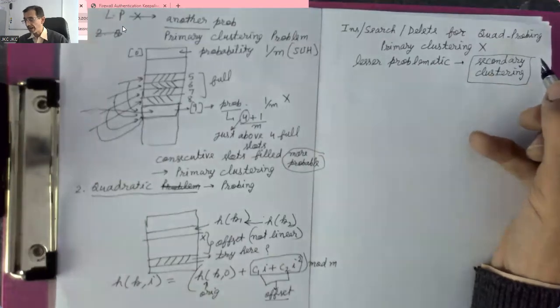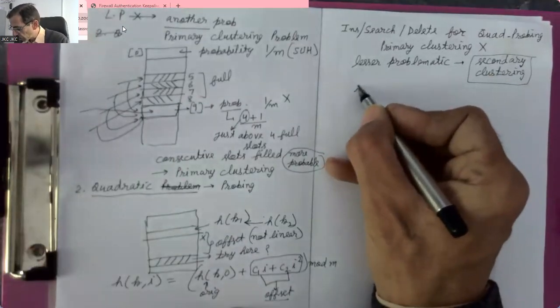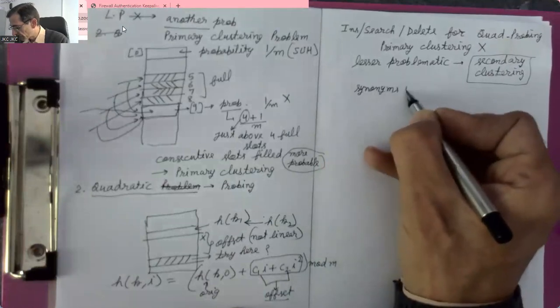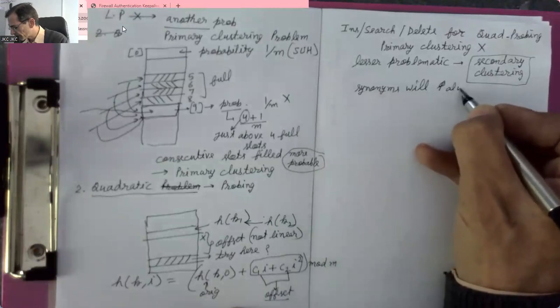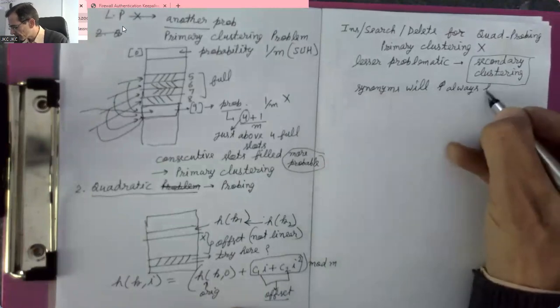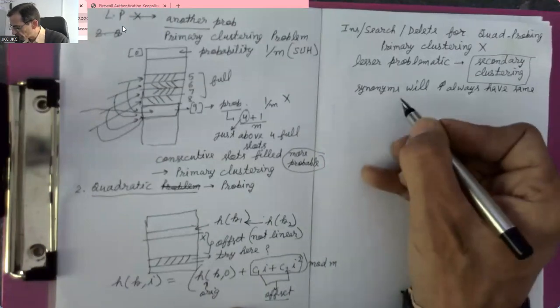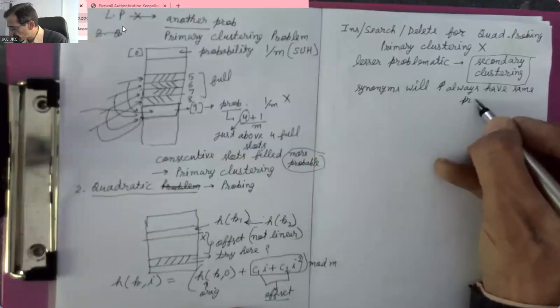It's not as bad as primary clustering, but it says synonyms will always have the same probe sequence. That is the only problem. Not, of course, as problematic as the others, but still it is there.